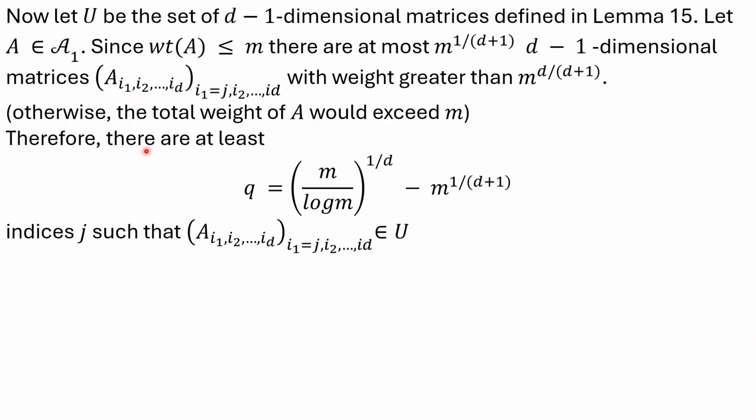Therefore, there are at least Q indices J such that A belongs to U, and Q is m divided by log m to the power of 1 divided by D minus m to the power of 1 divided by D plus 1.